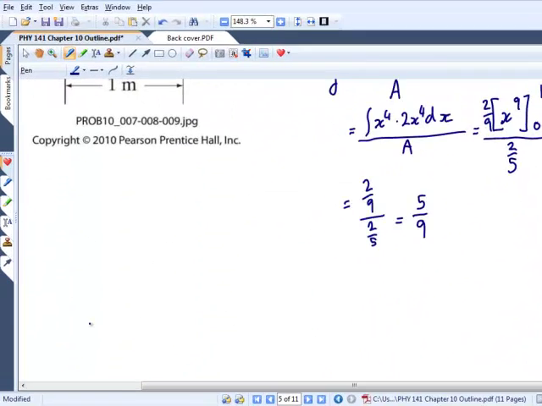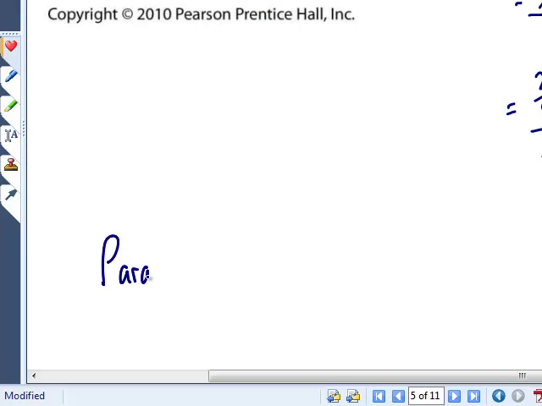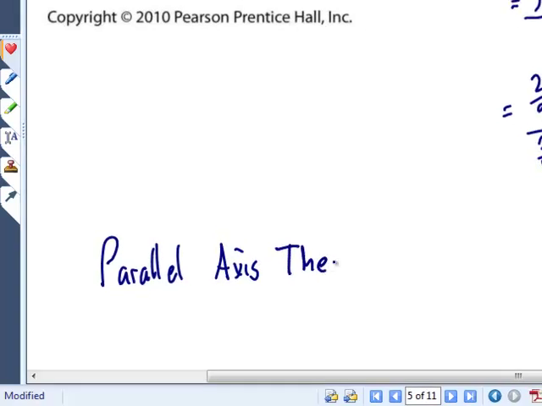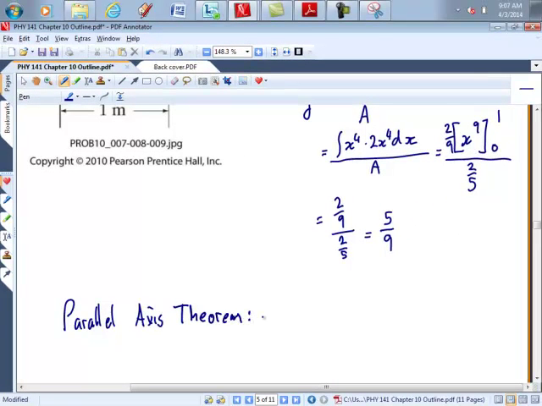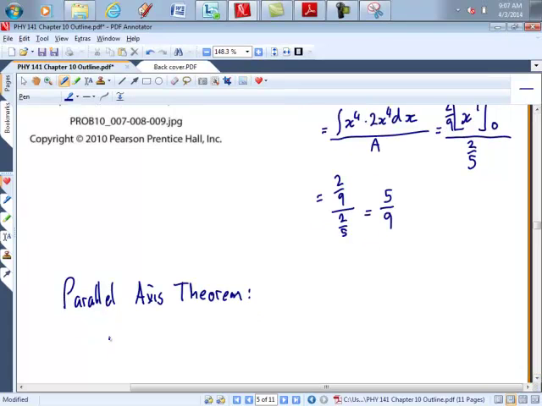So then using the parallel axis theorem, the parallel axis theorem says I at Ix.